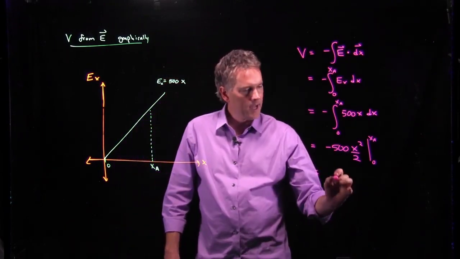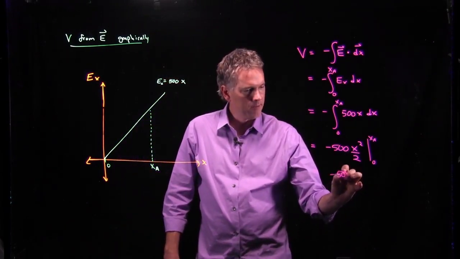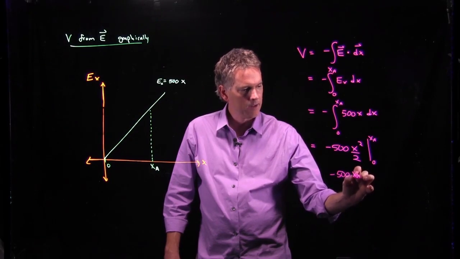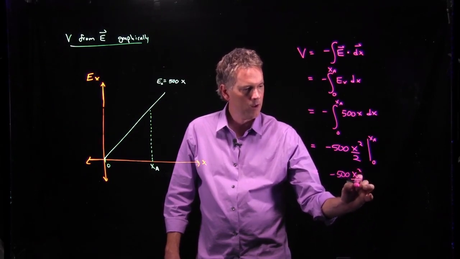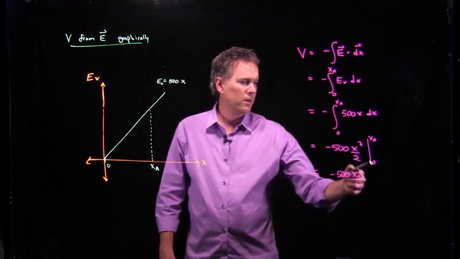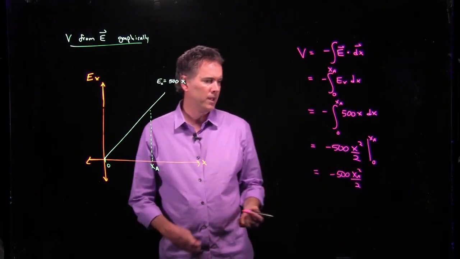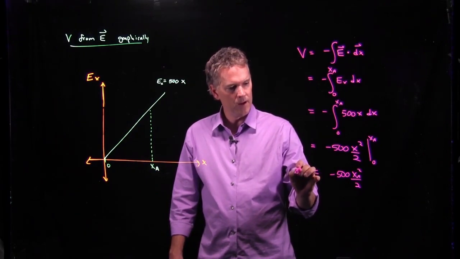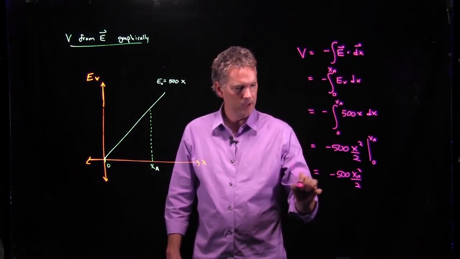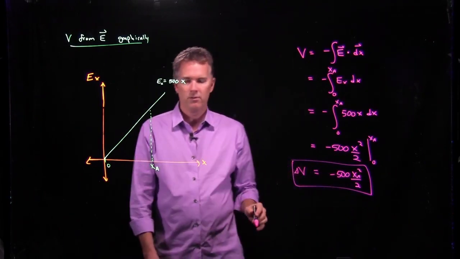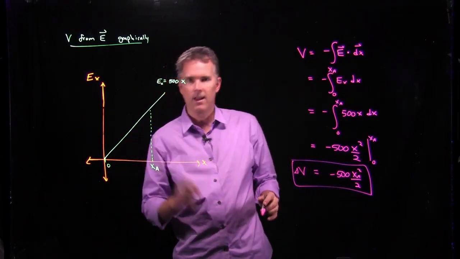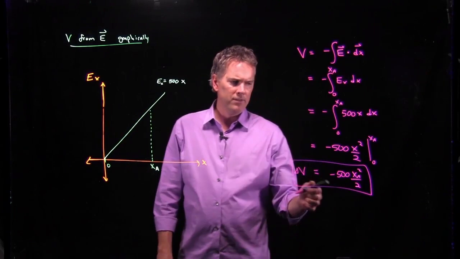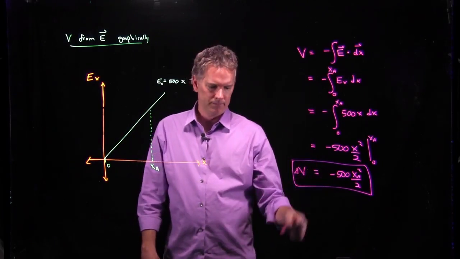And so we plug in xa, and we just get negative 500 xa squared over 2. And when we plug in 0, obviously, we would get 0. Okay, so this is delta V, specifically. It's the potential difference between xa and 0. And what it says is it's a negative number.